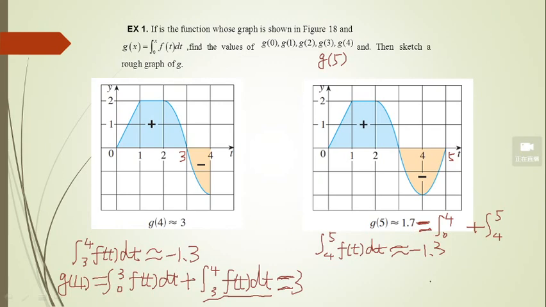So this is 1.7, and this G5 is actually the net area, right? The number is positive, approximately 1.7 net area. Okay, net area.